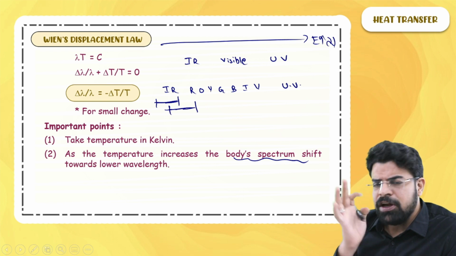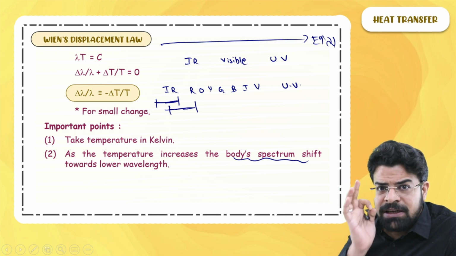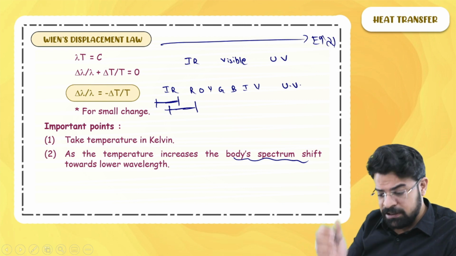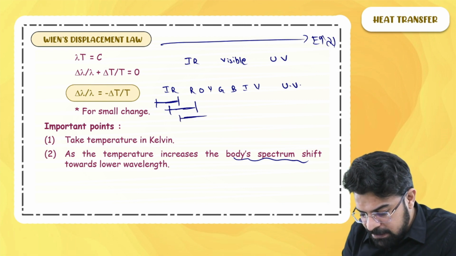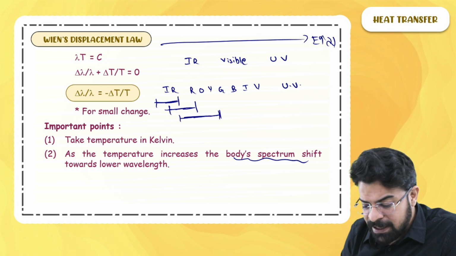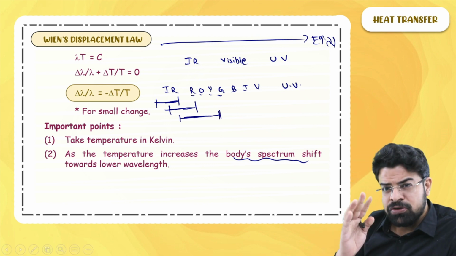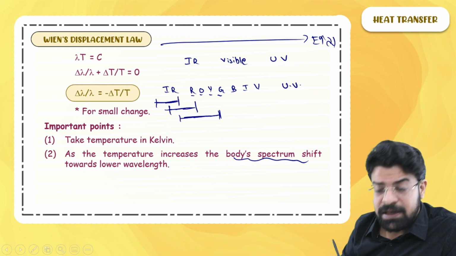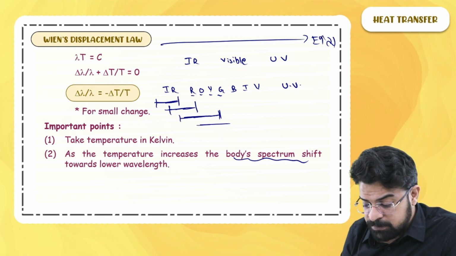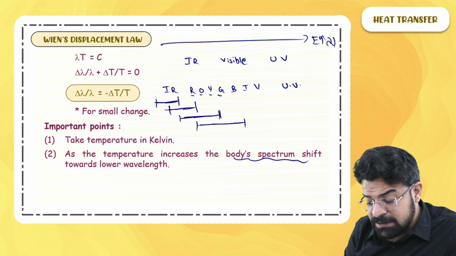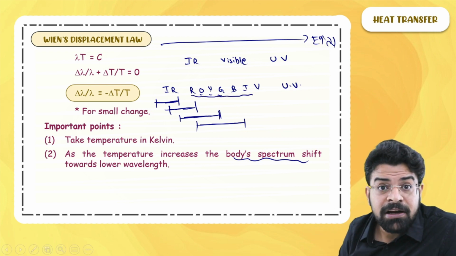If you keep on heating, the spectrum shifts further and more colors get in, and the mixture of red, orange, yellow and green appears yellowish. You heat it further, more colors get in, and it contains the entire visible spectrum and then it appears white.